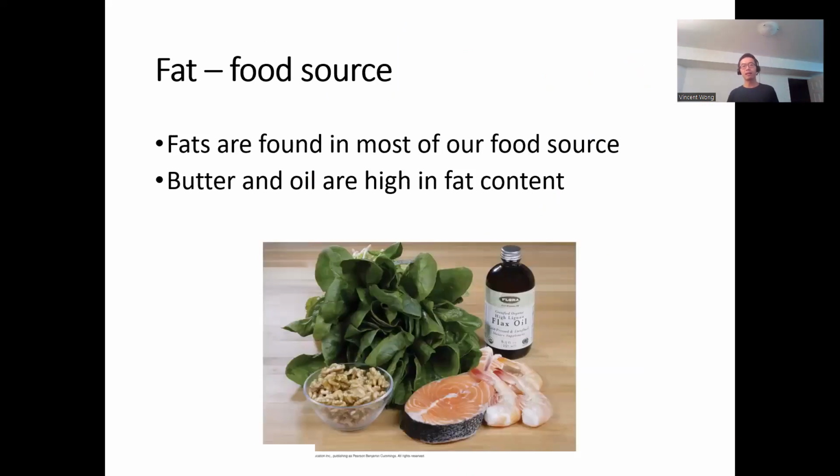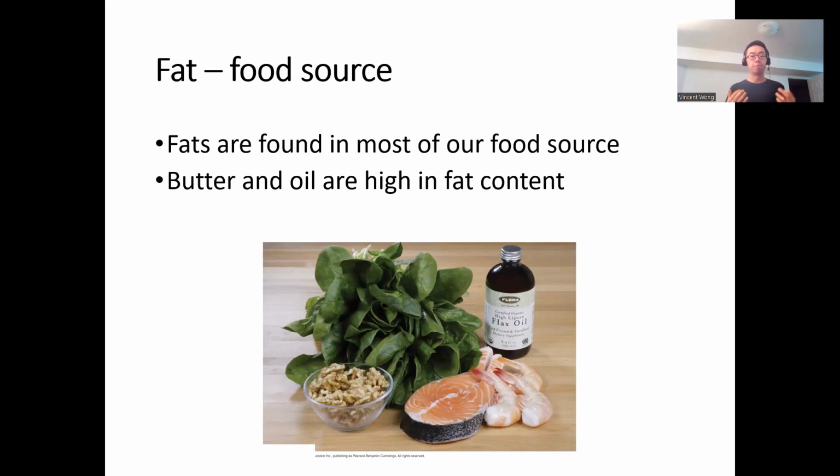So where do we get fats in general? Fats are found in most of our food sources. It's really weird that people would deliberately find fats to consume in their diet. It's just part of the food that you eat. You don't have to purposely find them. You will find fat in most meat products, in all meat products, I would say, although some are richer in fats than others, like salmon, which is pretty fatty.